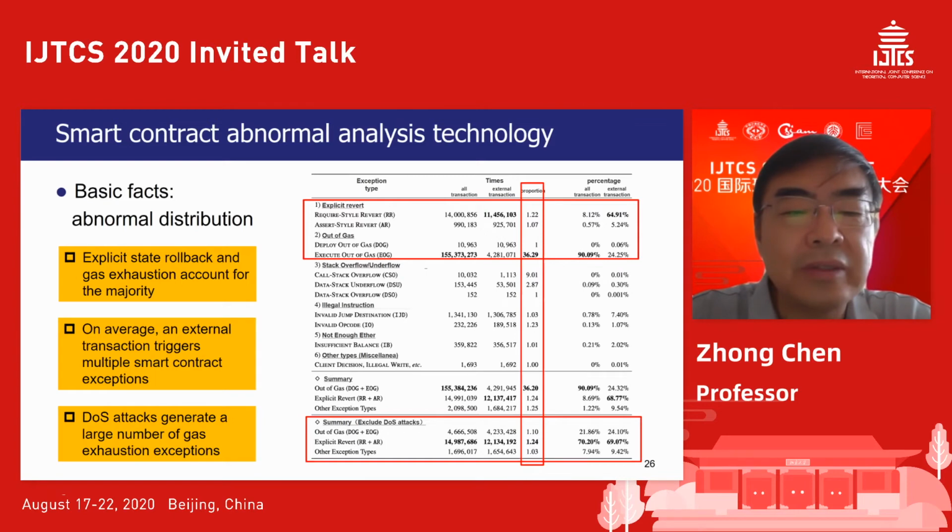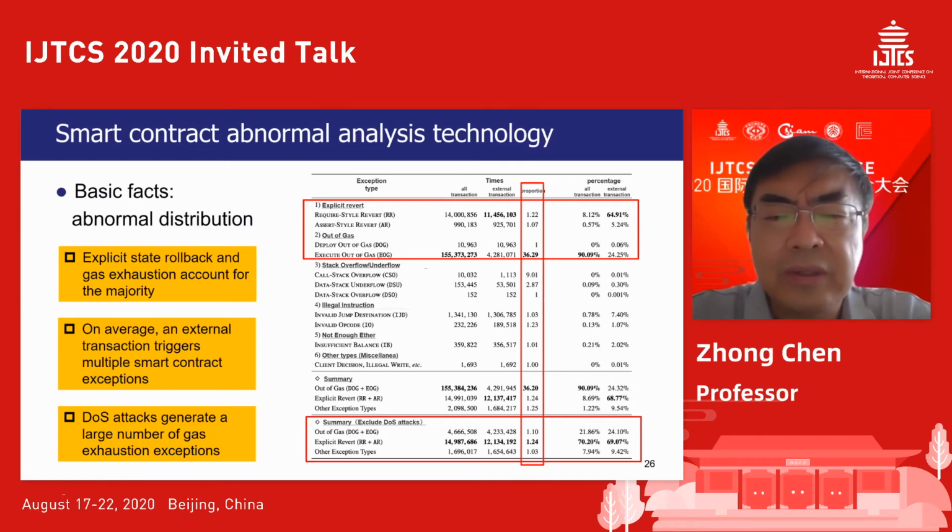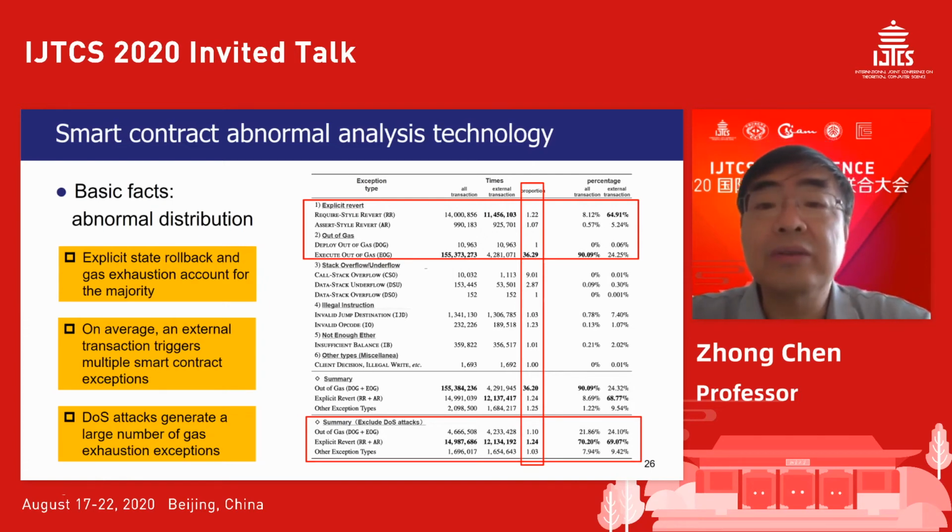There are also denial of service (DoS) attacks that can generate a large number of gas exhaustion exceptions. Here it shows some exception types, the counts, and the percentage of all transactions as external transactions.